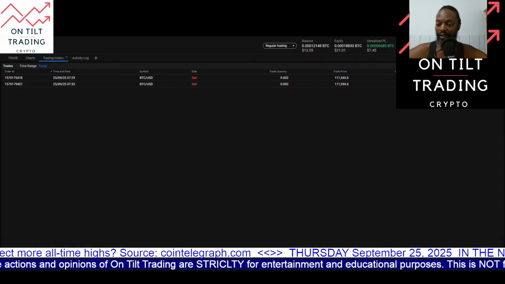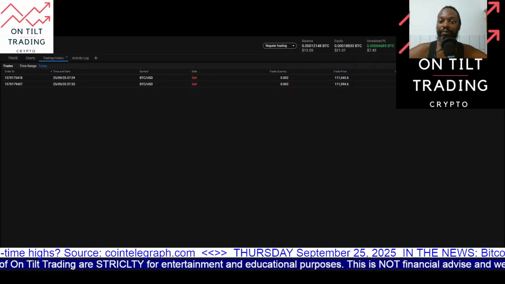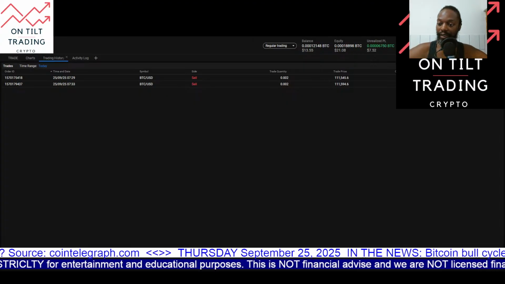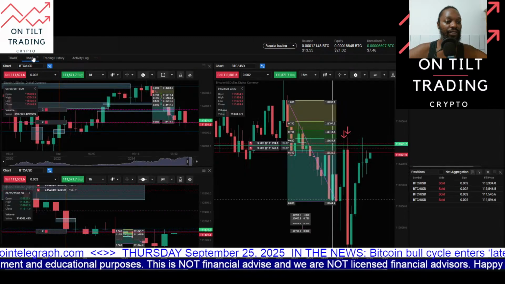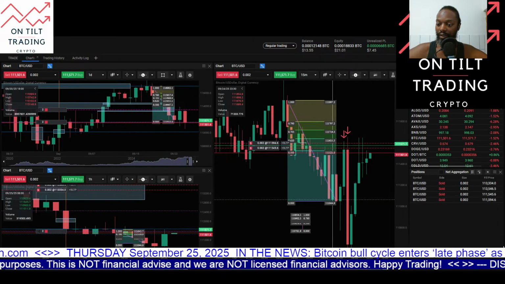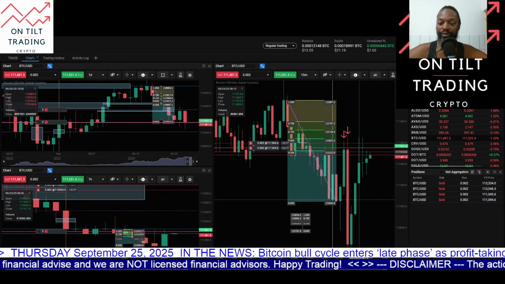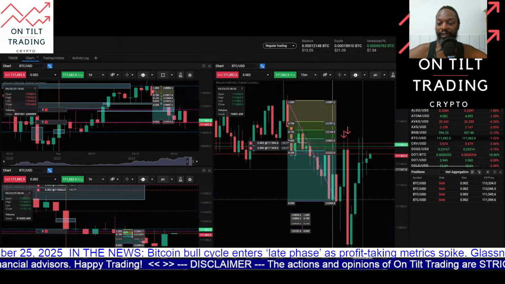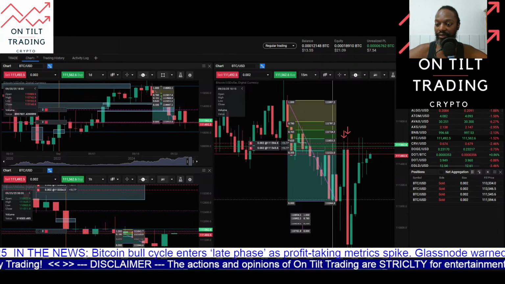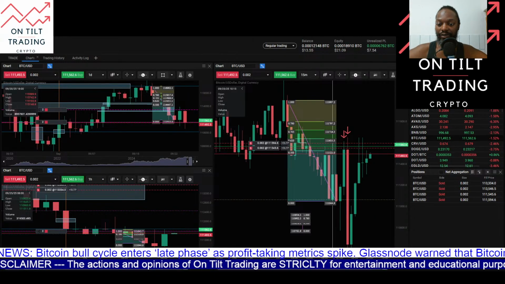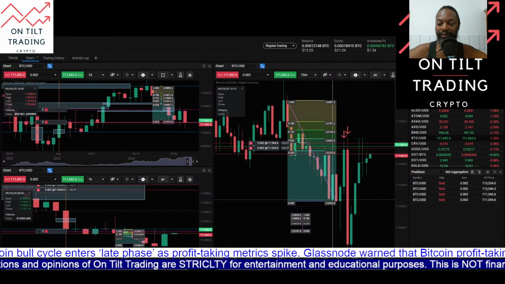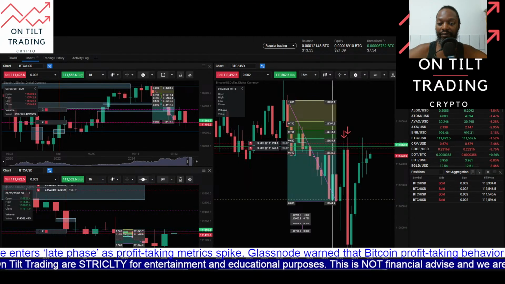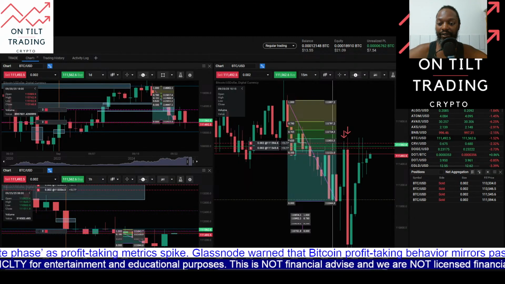So far, got a few BTC. We'll see how the day trades forward. But it looks like price wants to, well, I really don't know. It looks like price wants to just continue trading here to the buy side. As you can see, the bodies of the candles have consistently gone higher here.